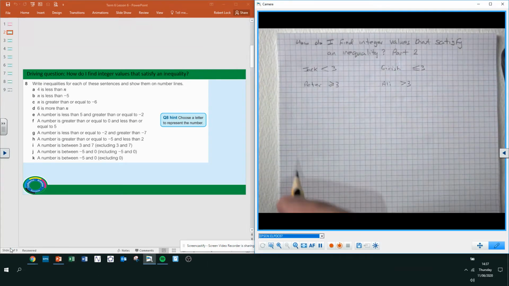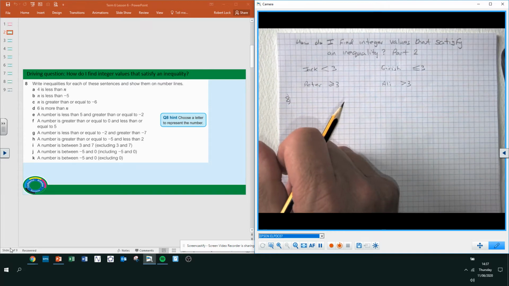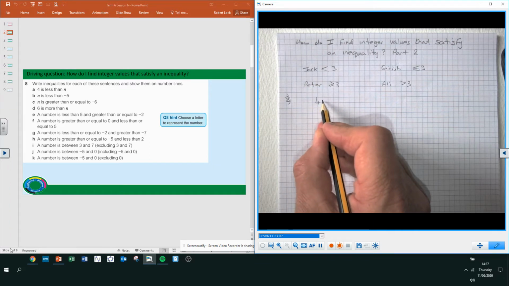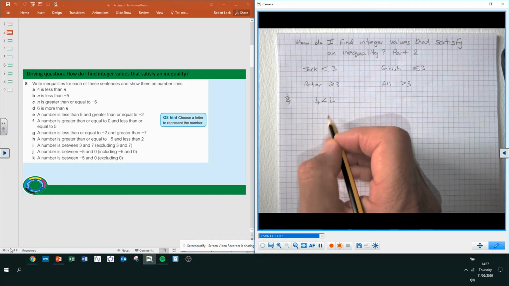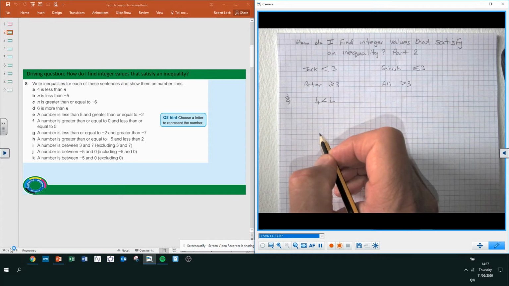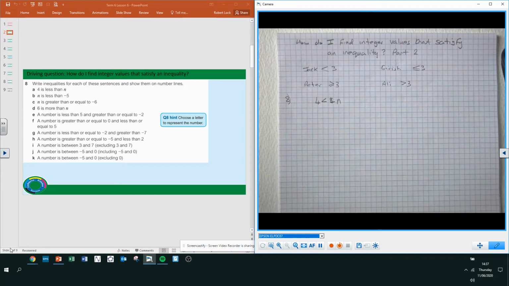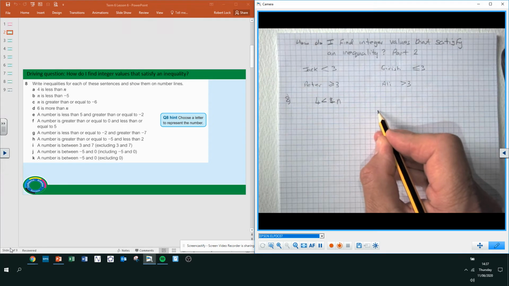So, question 8. Write inequalities for each of these statements, or each of these sentences, and show them on number lines. 4 is less than n. Showing it on a number line.